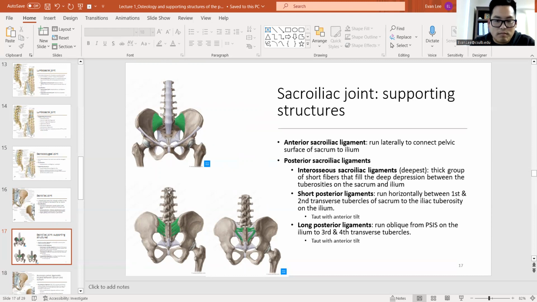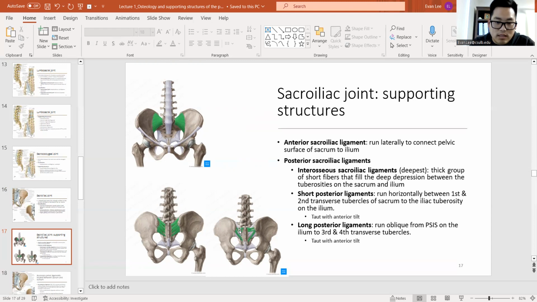And then on the back, there are a few different ligaments. This one over here, first of all, is the interosseous sacroiliac ligament. This one is somewhat deep in this joint, so it's a little bit hard to see unless you were to look at it on its own. But then if you look here, you have some smaller ligaments, which sometimes can be shown a little bit variably.